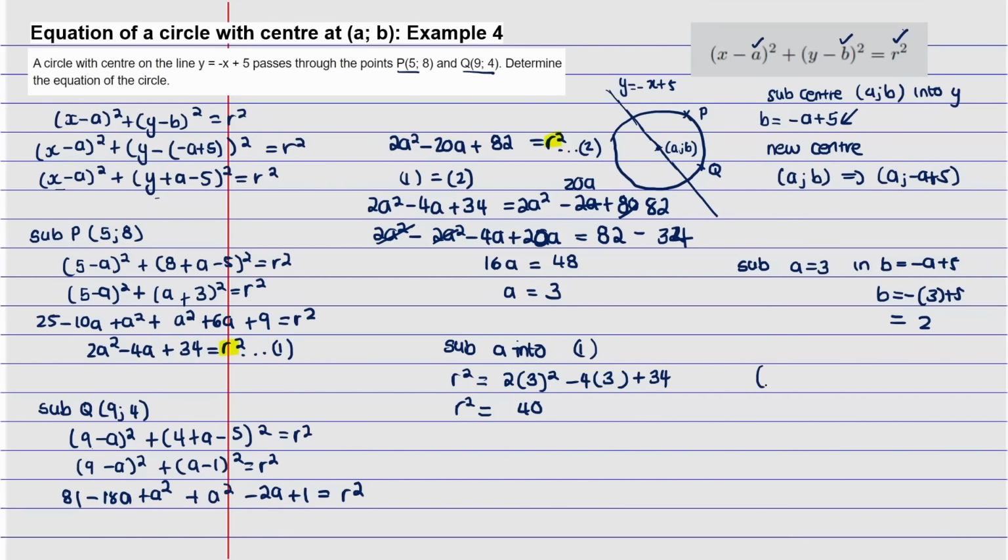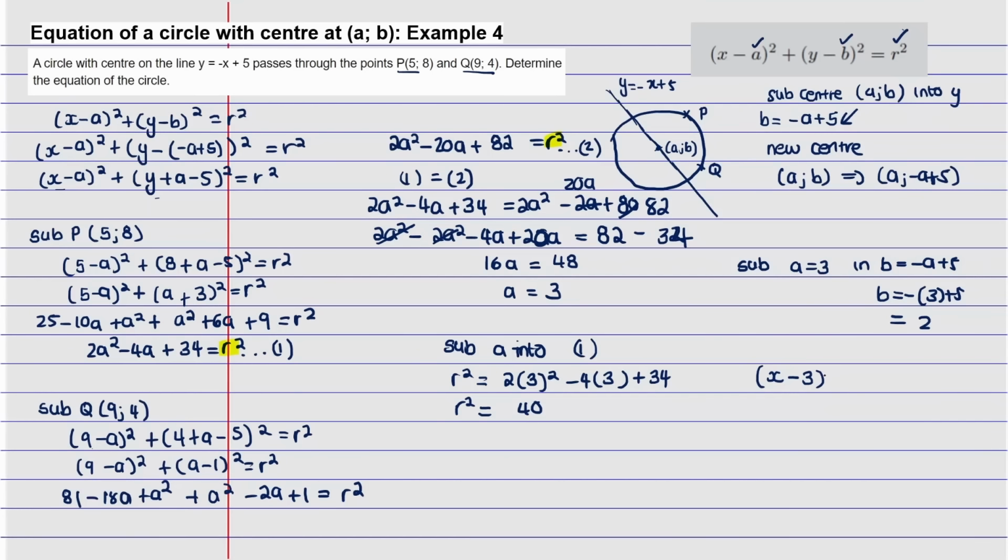So to write our equation now, it's going to be x. Remember, since a is positive, here is positive outside, so this is going to be minus 3, all squared.